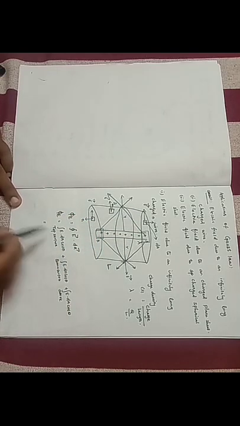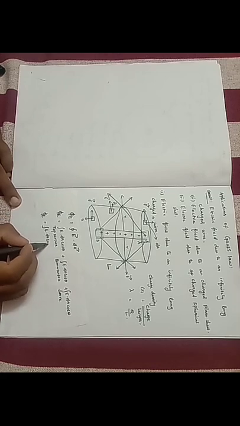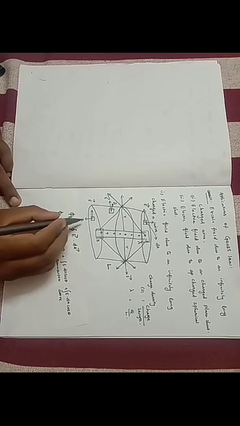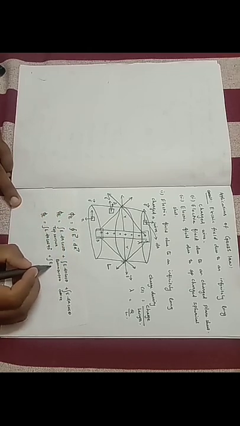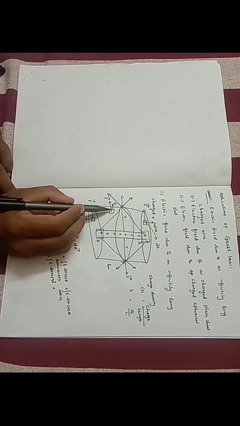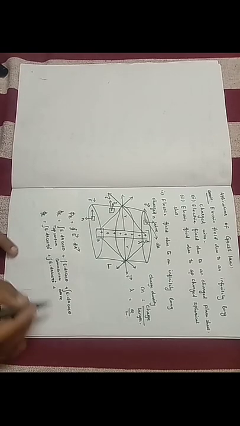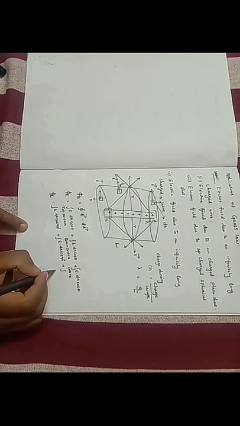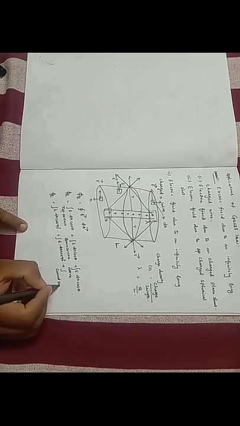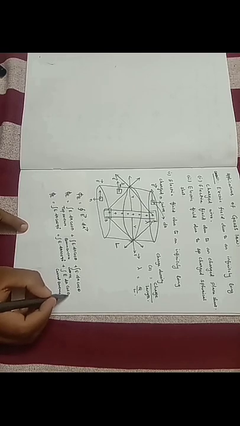Theta is equal to 90 degrees. Substituting in this equation, phi E equals, for the top surface, the integral of E dA cos 90 degrees, plus for the bottom surface the integral of E dA cos 90 degrees, plus for the curved surface, where as we discussed the electric field is acting along the normal of the plane, so the angle is 0 degrees. Substituting, the integral for the curved surface is E dA cos 0 degrees.